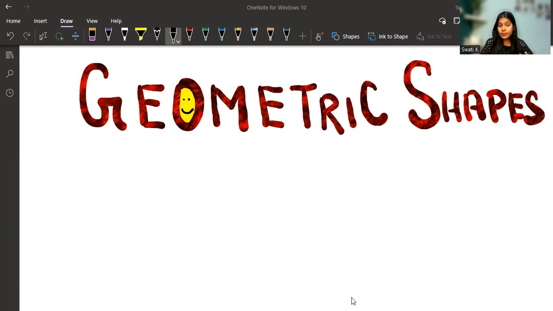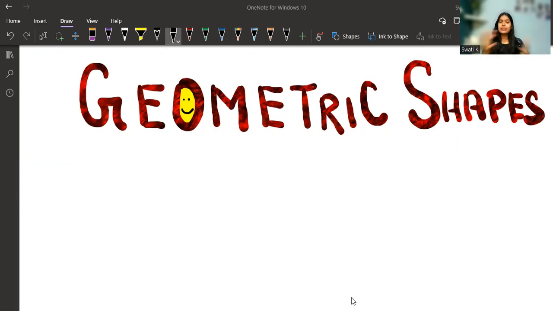These geometric shapes are basically the figures which demonstrate the shape of any object that we see in our everyday life. Okay, we can also say that these geometric shapes are in some form of objects which have lines, which have boundary, which have angles, right?